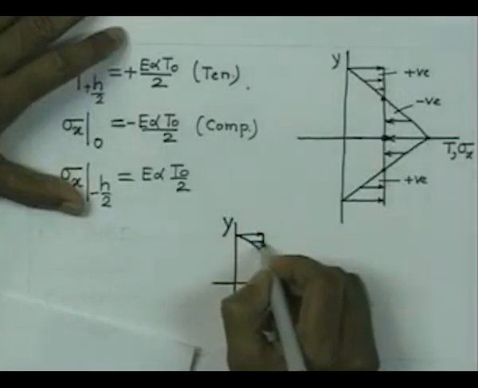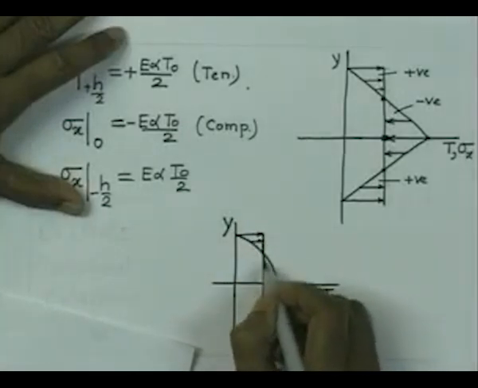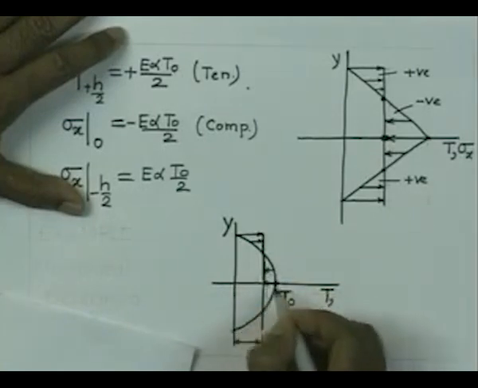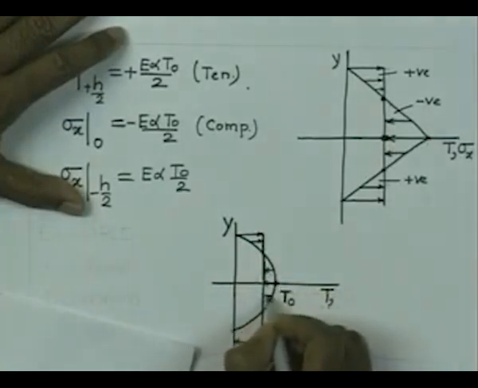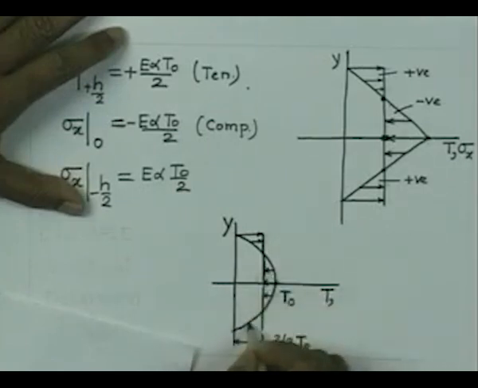So, it is going to gradually vary and it will reduce to 0, and as we move towards the inner region, we are going to see compressive stresses coming up in this region, and at the same time we will have tensile stresses at the bottom fiber.